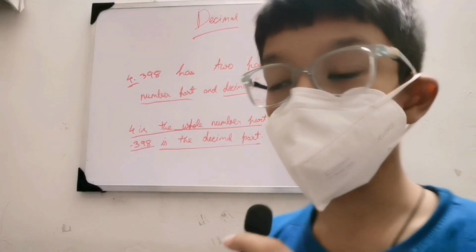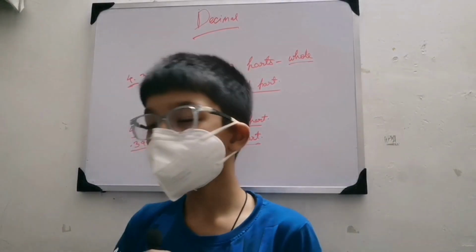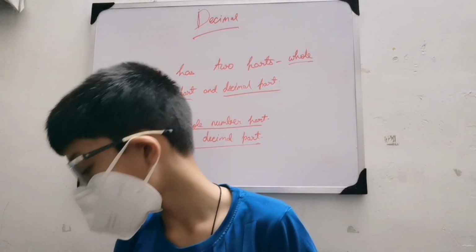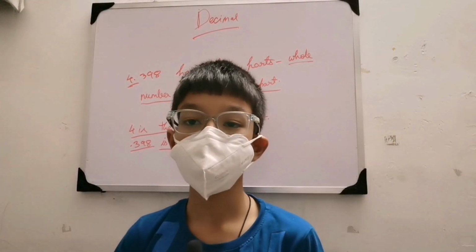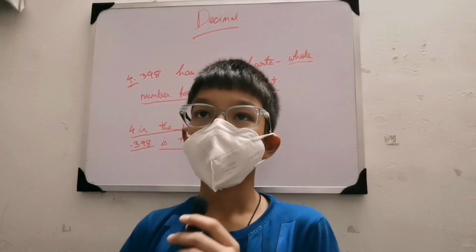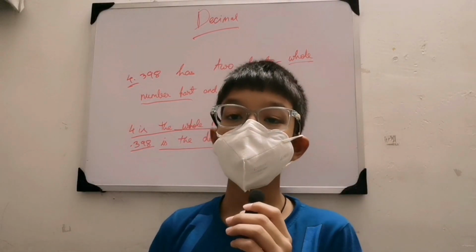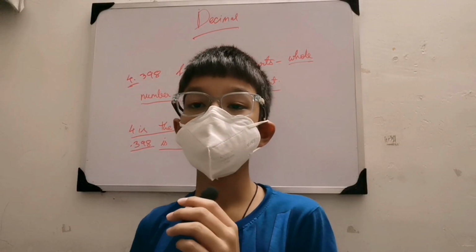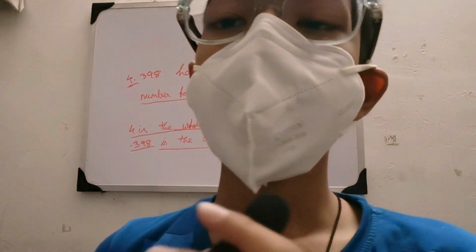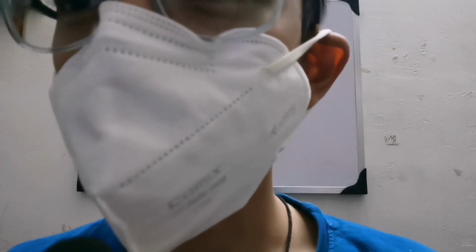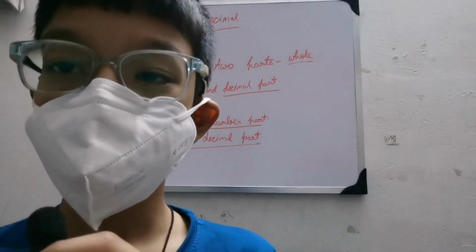I hope you guys understand. This you guys actually need to understand most probably. Now let's move on to some exercises. I'm going to show you guys some sums. Later I'm going to give you exercises, and the exercises are going to be given by my brother. And yep, let's go.